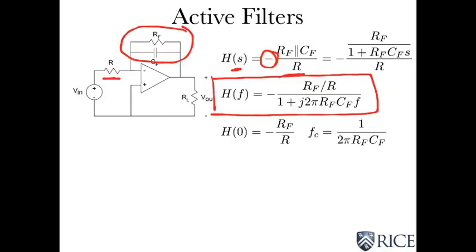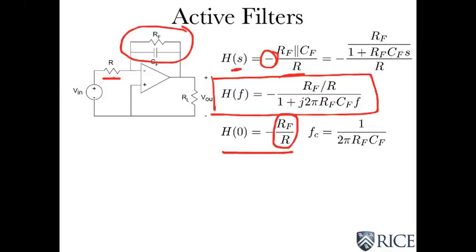Now let's see, in terms of these three circuit element values, how the transfer function changes. Clearly, at 0 frequency, the gain K is RF over R. So those two element values control the gain at 0 frequency.